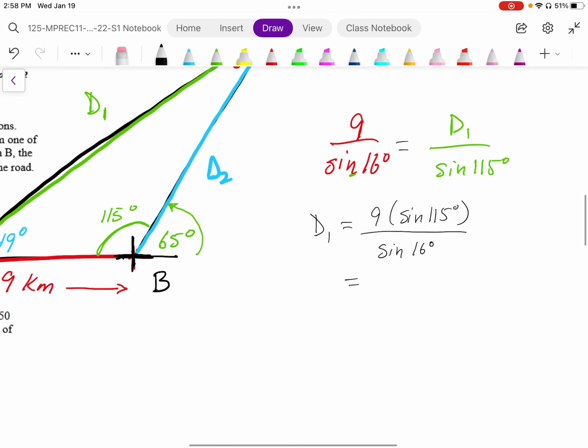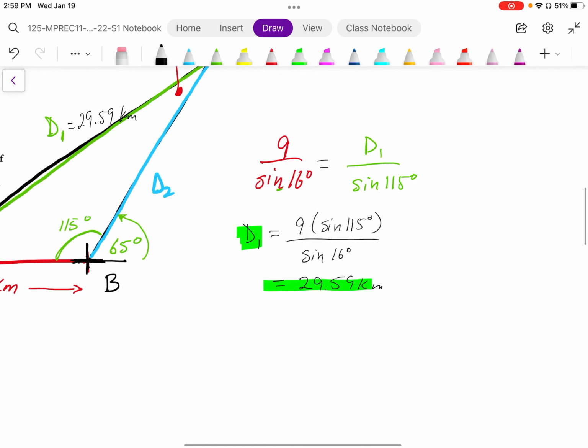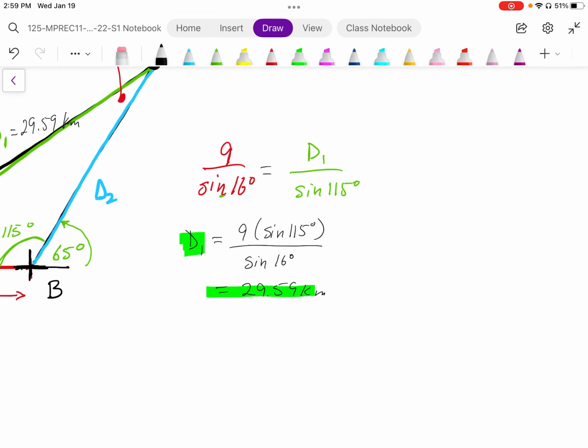Okay, so it's going to give me a length of 29.59 kilometers. So that's going to be my D1 length. Okay, so I'm just going to write that in here, equals 29.59 kilometers.